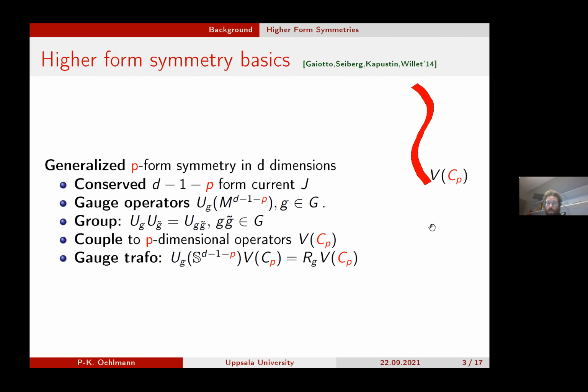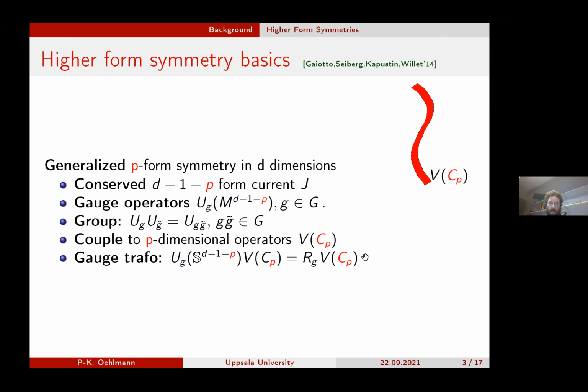For a higher-form symmetry, you essentially just extend the operators on which these transformations can act. So now you have a p-form symmetry in d dimensions, which, if it's continuous, has a (d-p)-form current J. You again have some symmetry operators U that are supported on a (d-p-1)-dimensional manifold. I still have this group law in the same way as before.